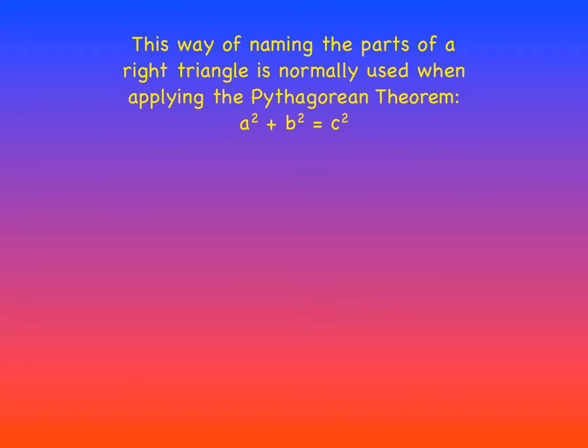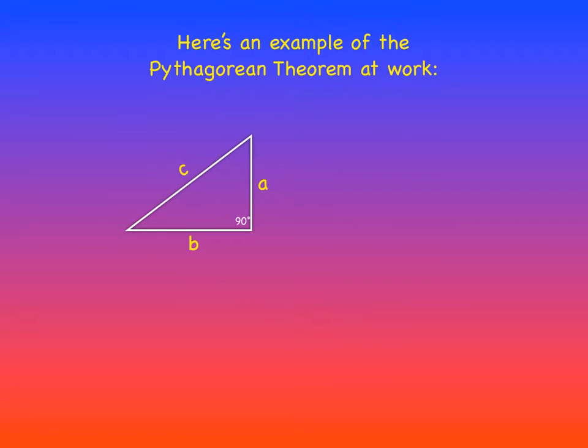This way of naming the parts of a right triangle is normally used when applying the Pythagorean Theorem. You might remember a squared plus b squared equals c squared. Here's an example of the Pythagorean Theorem at work. You see the two triangles, and these are the same size. Side A is 3. You could make it 3 feet, 3 inches, 3 miles, 3 whatever kind of units you want.